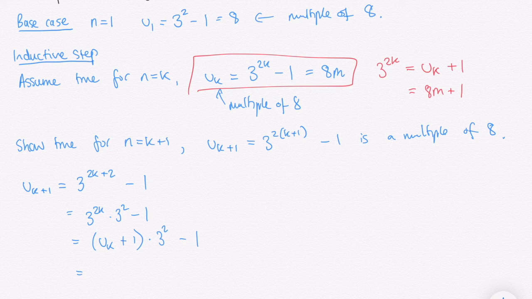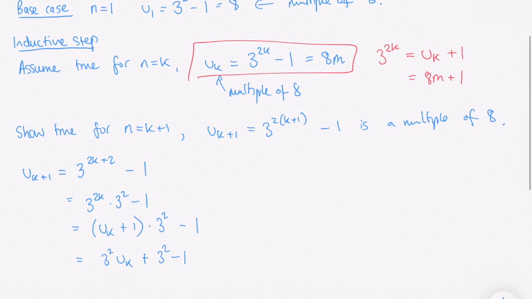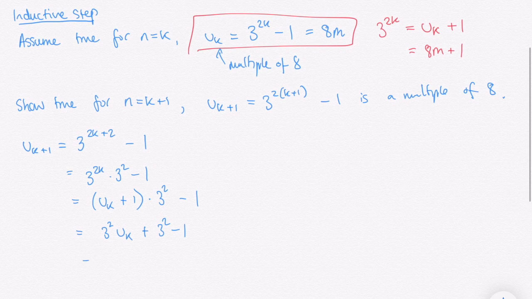If we expand this out, we get 3 squared lots of uk plus 3 squared, subtract 1. Well, that is equal to 9uk plus 8, since 3 squared subtract 1 is 9 subtract 1, which is 8.